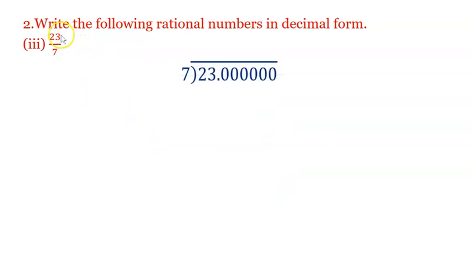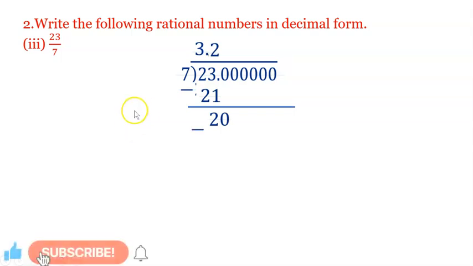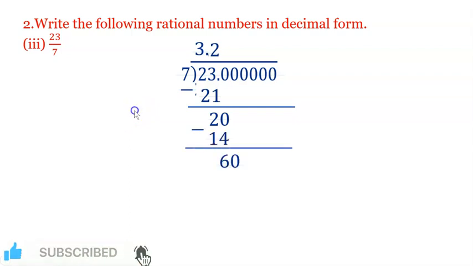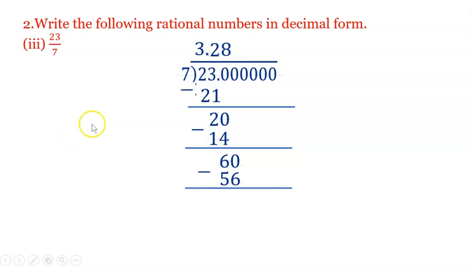Now next example, 23 upon 7. The first division is 7 threes are 21. 23 minus 21 gives 2. Again the decimal point. 7 twos are 14. 20 minus 14 gives 6. Next, 7 into 8 gives 56. Next, 40. 7 into 5 gives 35. 40 minus 35 gives 5.